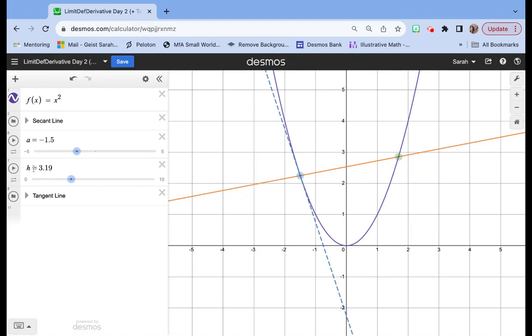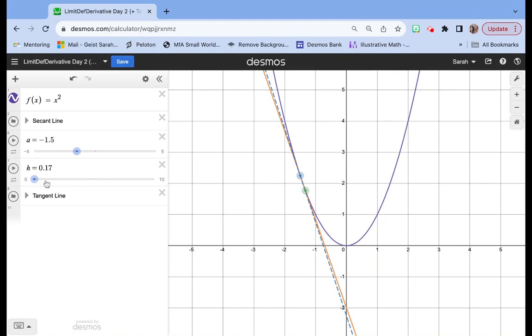If I make that smaller, we can see the green dot is getting closer to the blue, but also the orange secant line is getting closer to the tangent line.